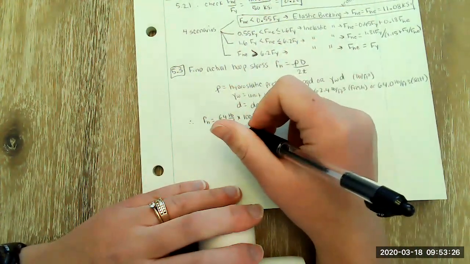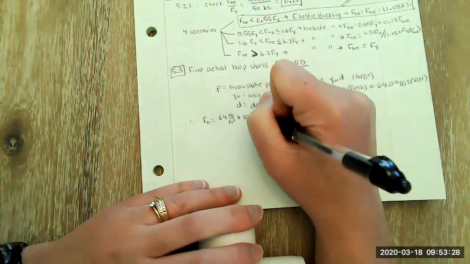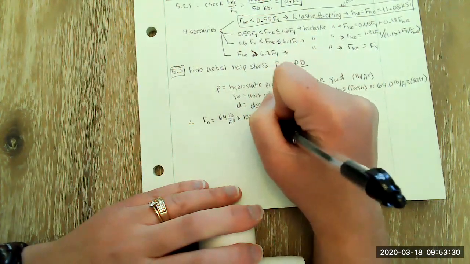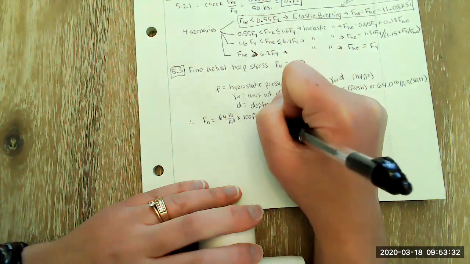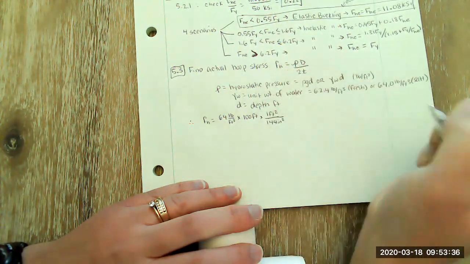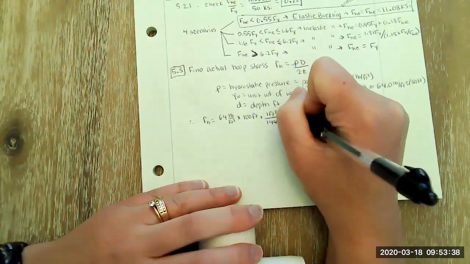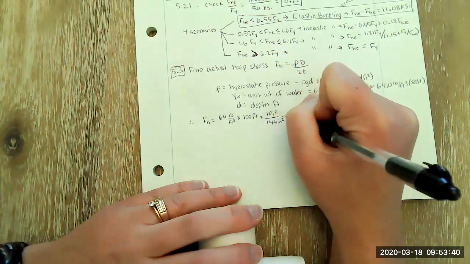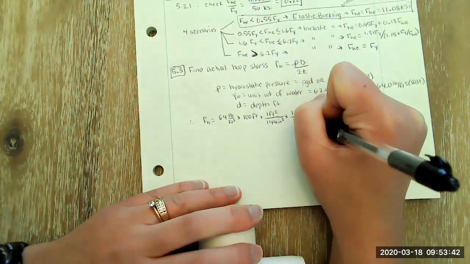Let's convert this to pounds per inch squared and then kips per inch squared. 1 foot squared is equal to 144 inches squared, and 1 kip is equal to 1,000 pounds.